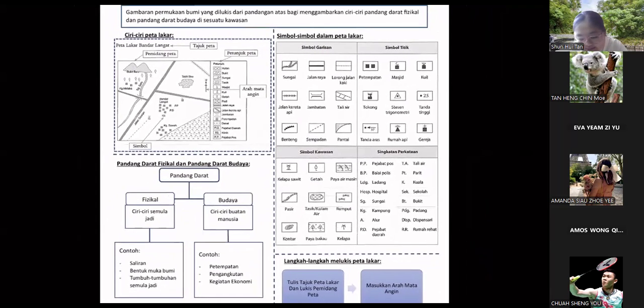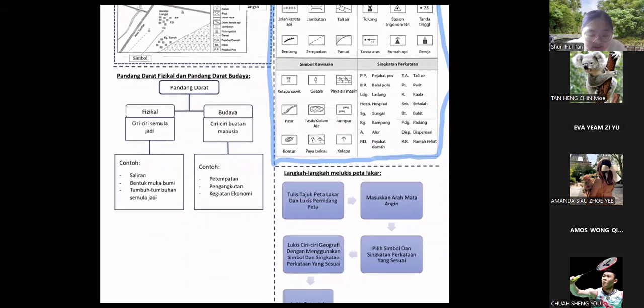So you need to know slightly about the examples of all these garisan. Sorry, symbols. You do not need to memorize everything, but you need to know some examples, right? And then make sure you understand what is physical and what is budaya. All right.